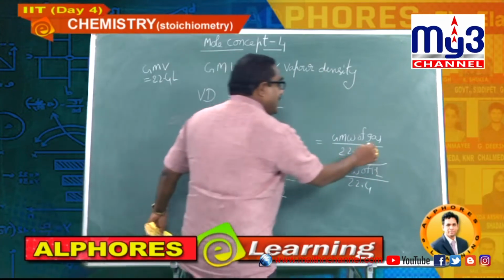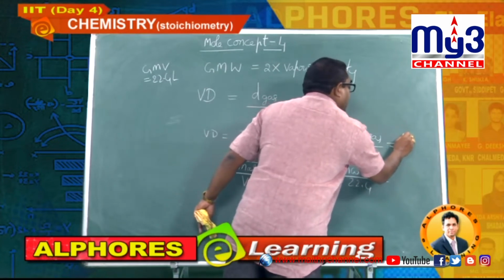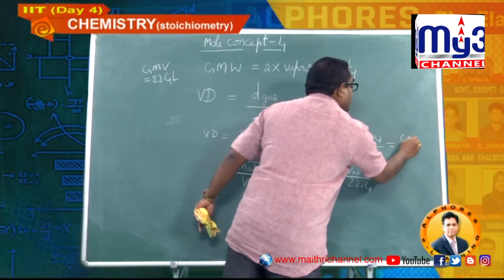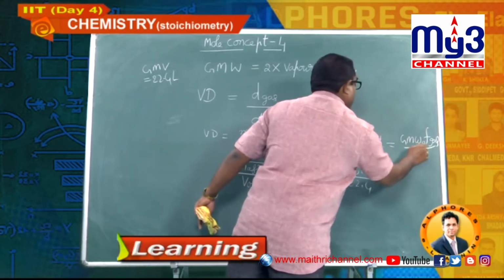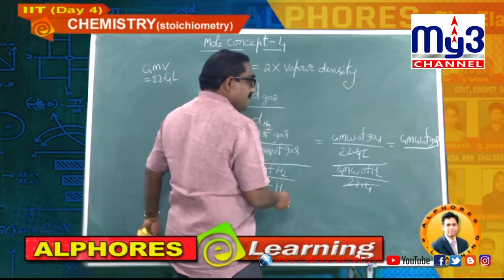Here once again I am writing GMW of gas divided by this, these two get cancelled.